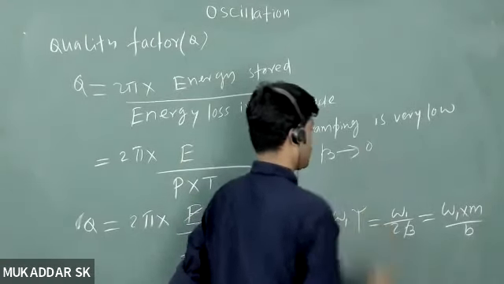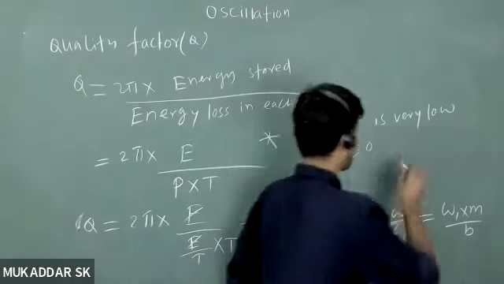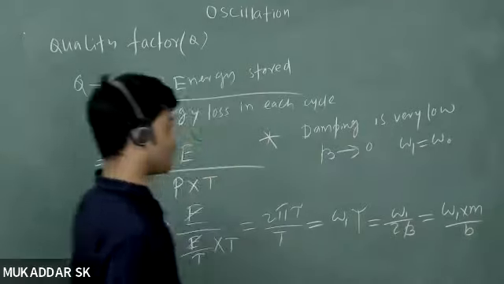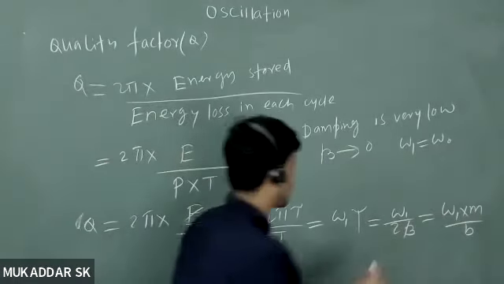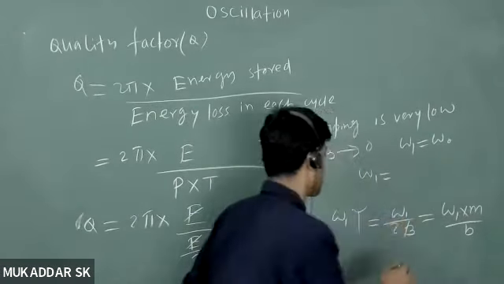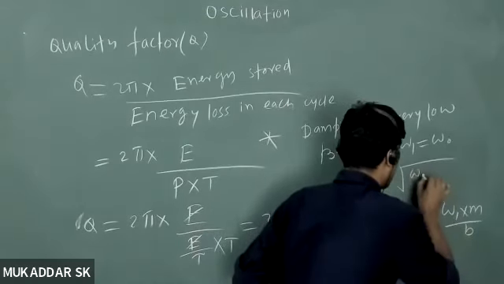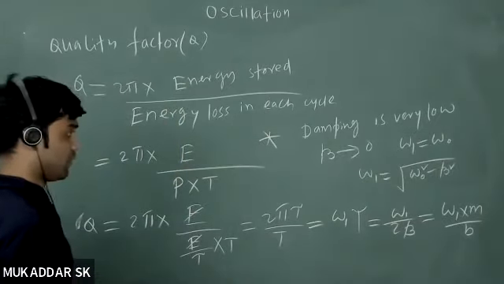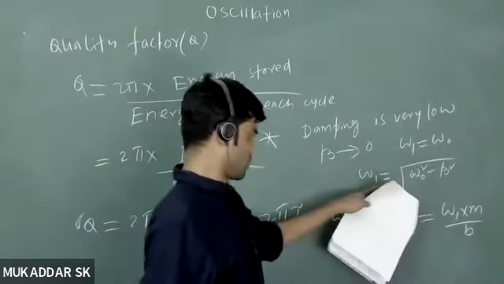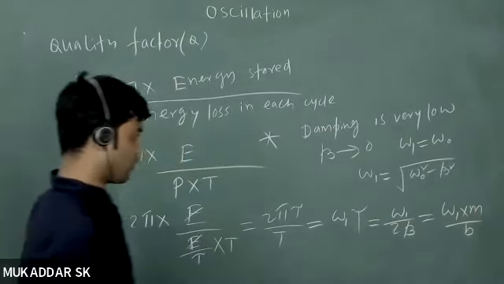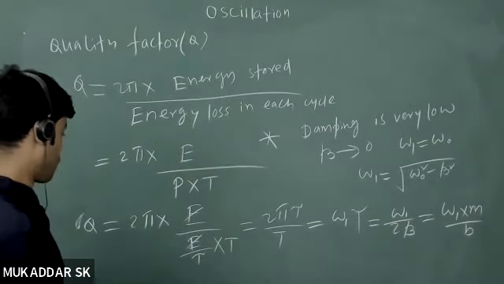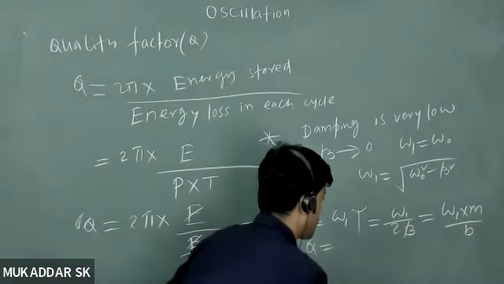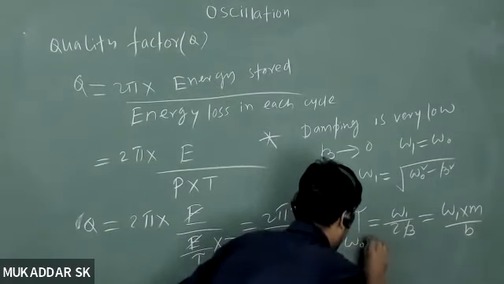Beta tends to 0. So in that case, I can write omega 1 equals omega naught. If you remember, the expression for omega 1 was the square root of omega naught square minus beta square. So if damping is very low, beta tends to 0, and in this scenario omega 1 will become omega naught. So quality factor will become omega naught into m by b.